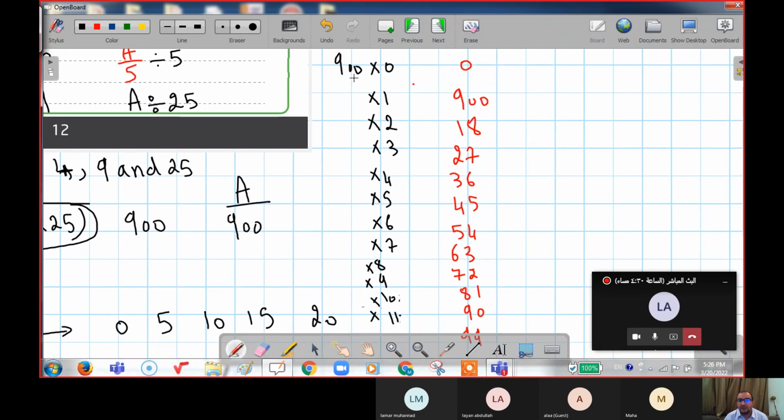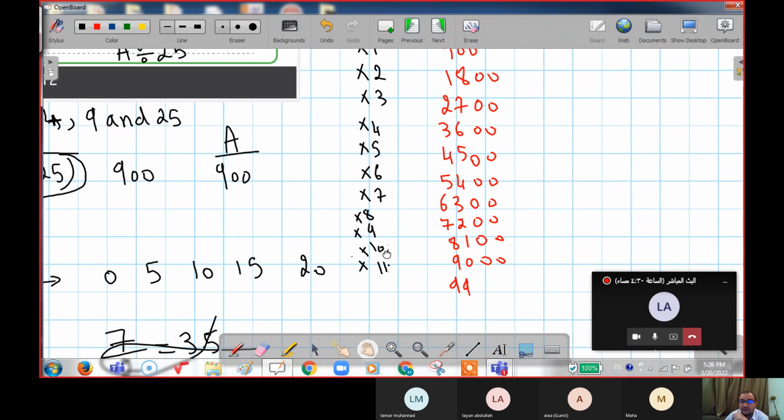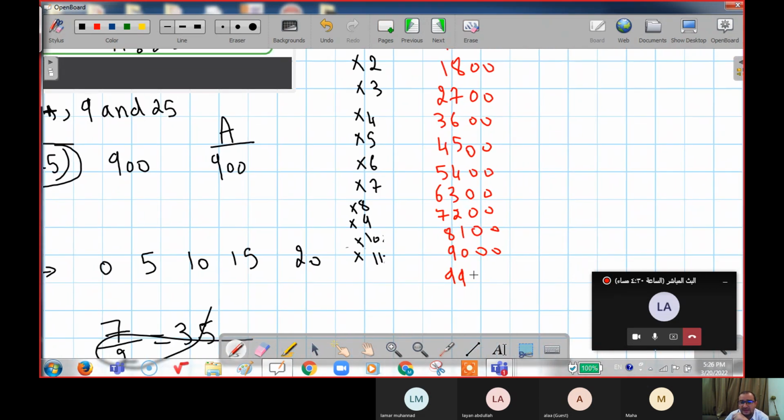How many 0s do I have? 2. So 2 zeros here, and here, and here, till the end. In this case, do I have an infinity of answers? No, you don't have an infinity of solutions.